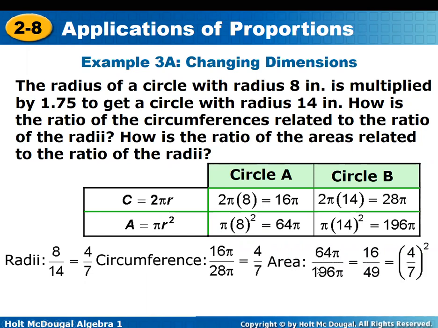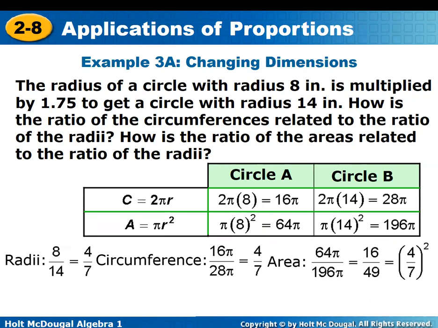Let's check the area. The first one was 64π over 196π. Then we cancel the π, and then we will simplify. It will become 16 over 49. Let's stop at this one.